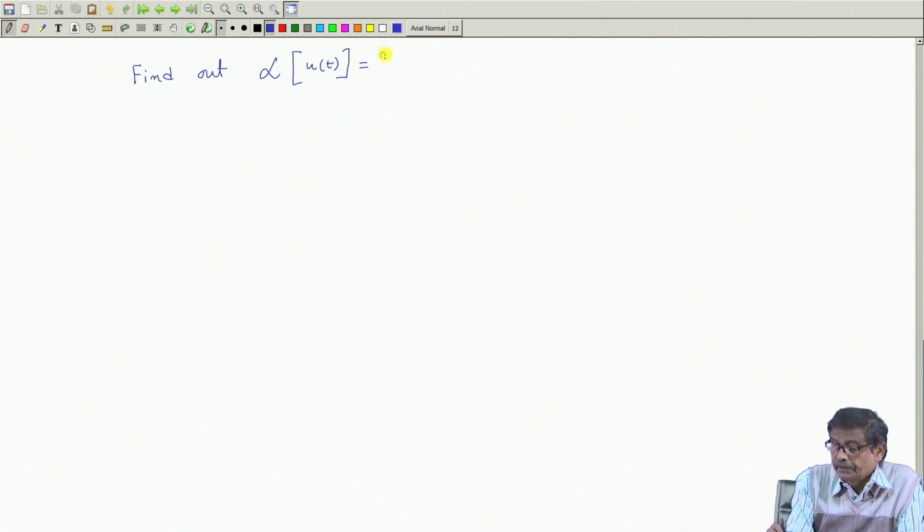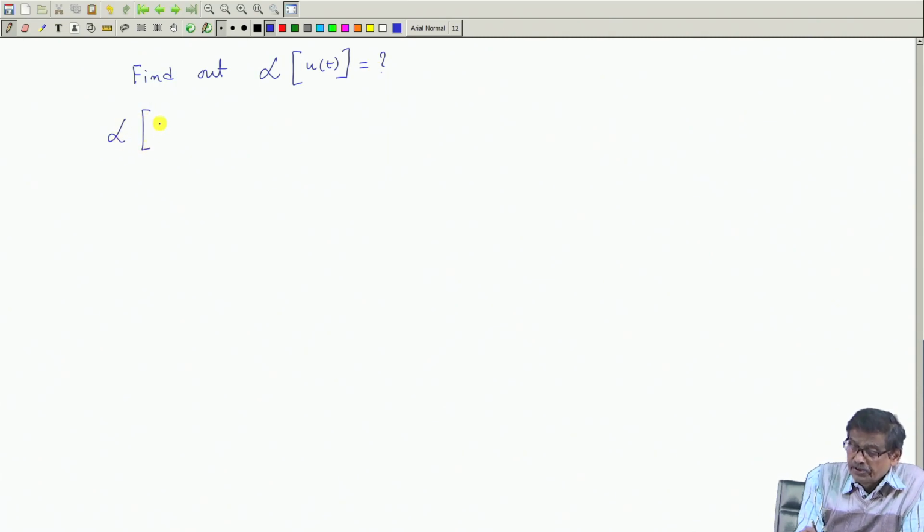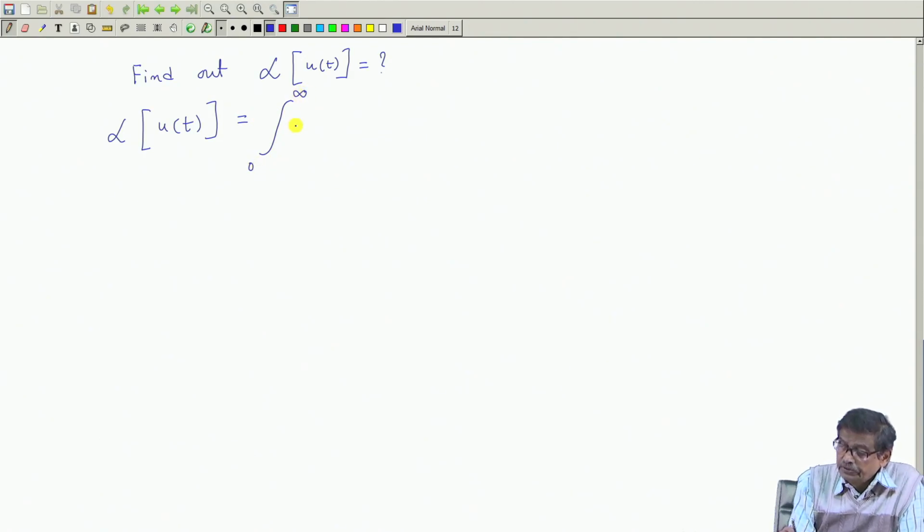How much it will be? That is what I have been asked to find out. Then I will say Laplace transform of unit step function is equal to this integral 0 to infinity e to the power minus st into u(t) into dt.